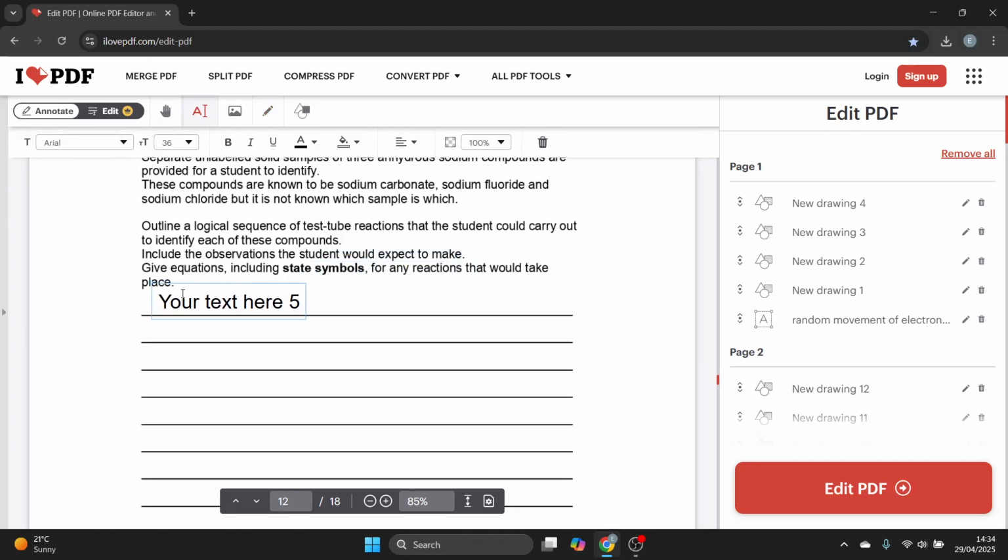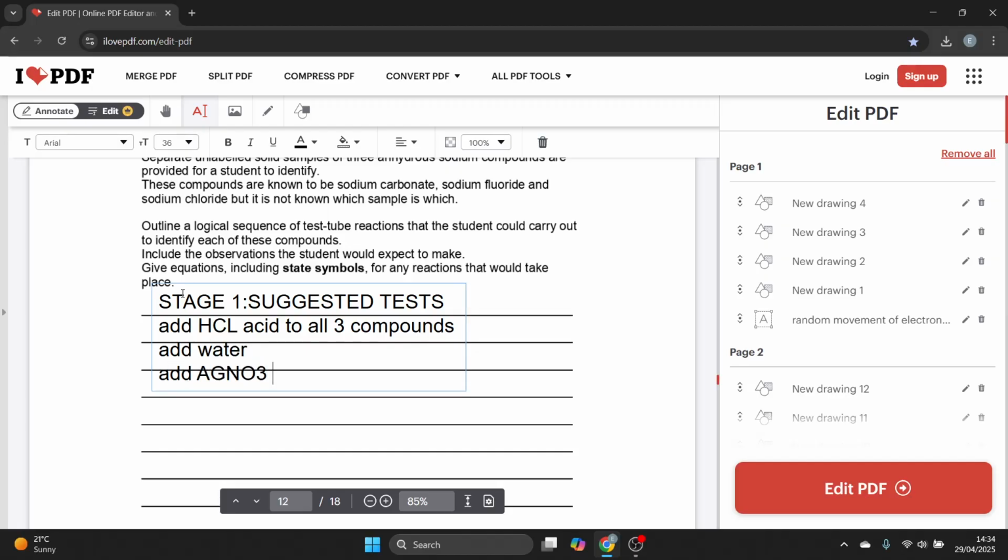Okay, so stage 1, my suggested test: add hydrochloric acid to all 3 compounds, add water, add silver nitrate solution. That's all I need to add, right?